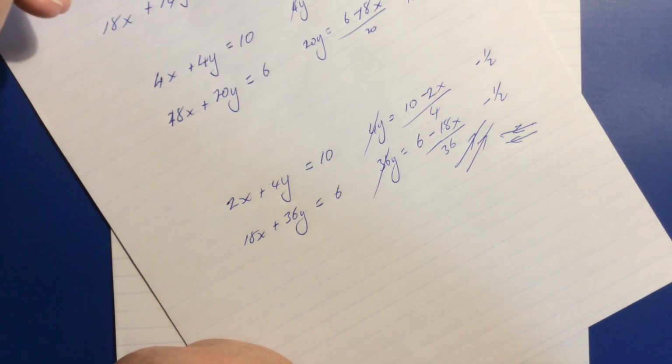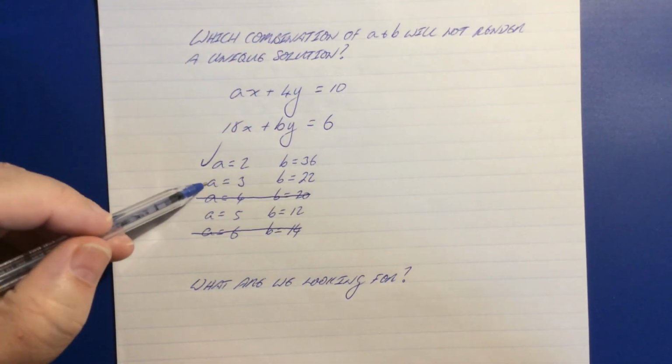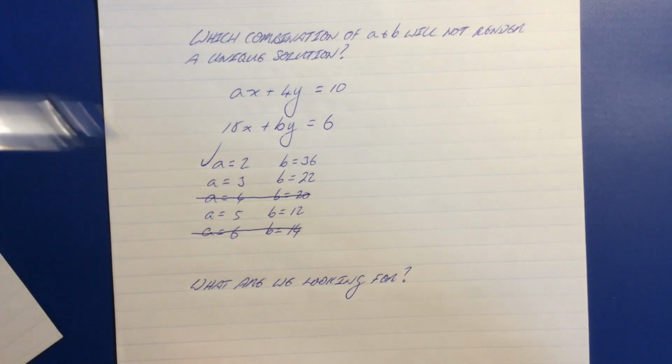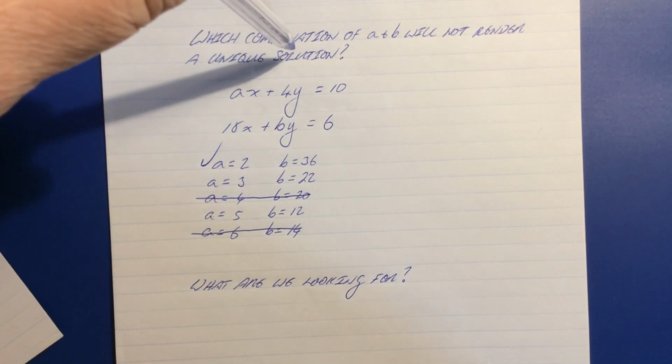So you're welcome to try the other two that I left out. I'm pretty sure that this and this will either render an infinite number of solutions or a solution. But what were we looking for? A unique solution.